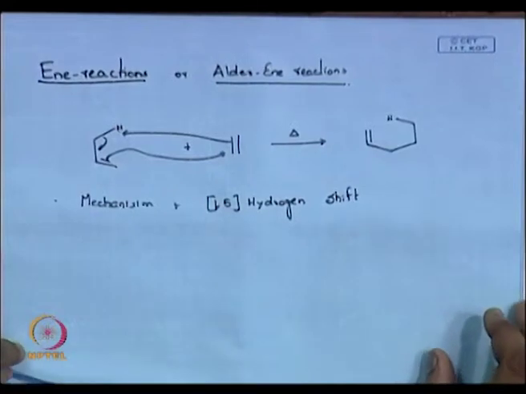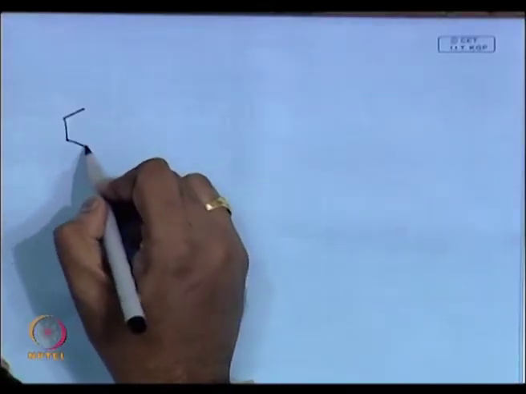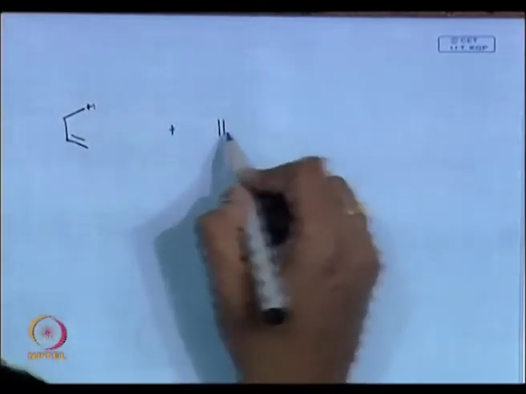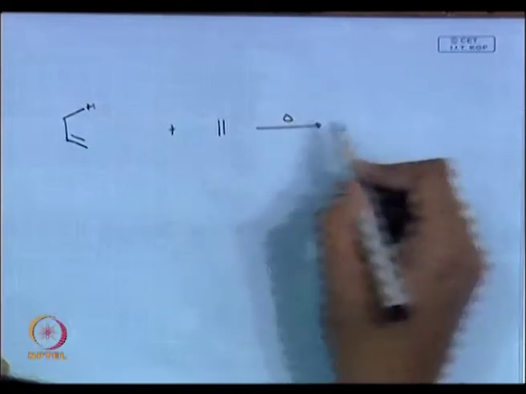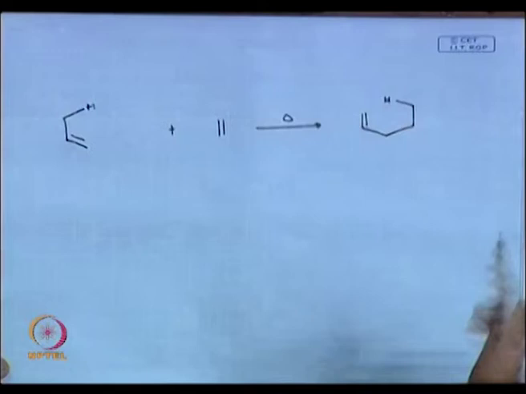Now there is another way you can look at this reaction. For example, I am taking the same reaction, my Ene with an alkene, so you get a nice system like this.